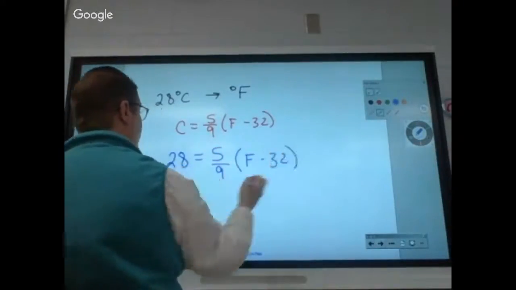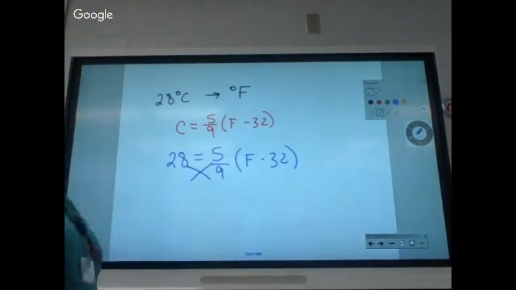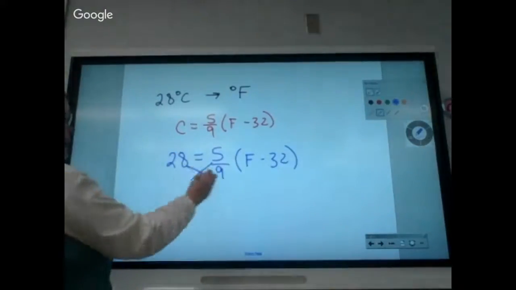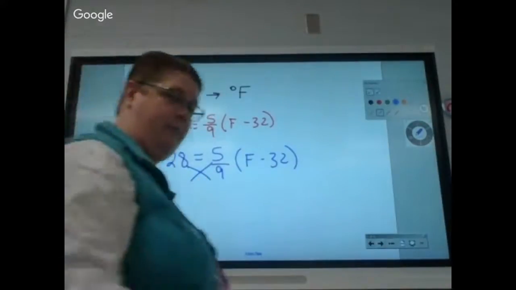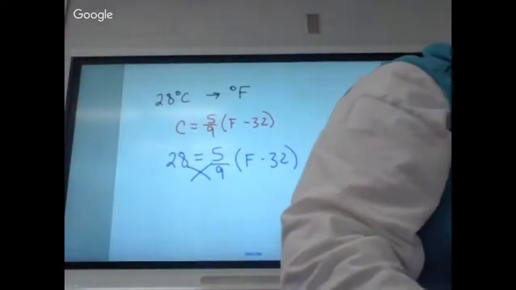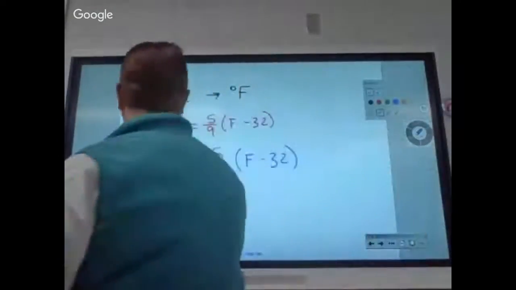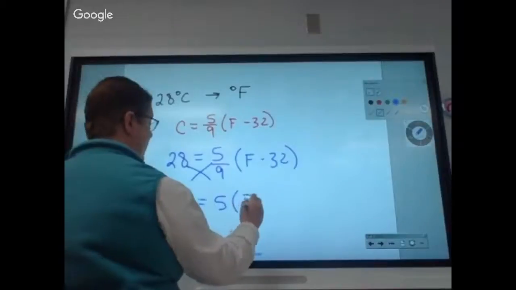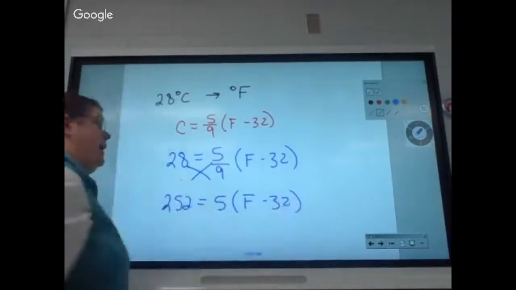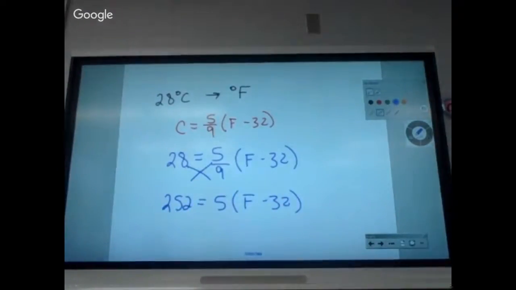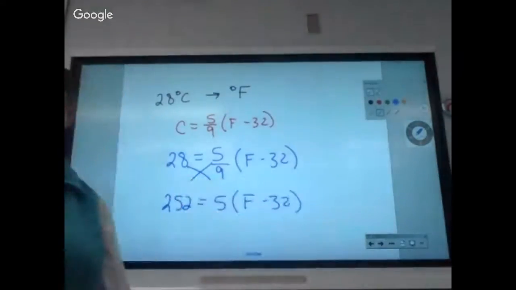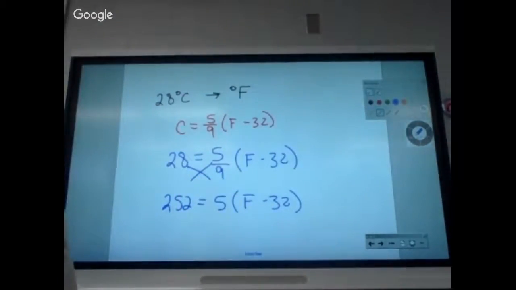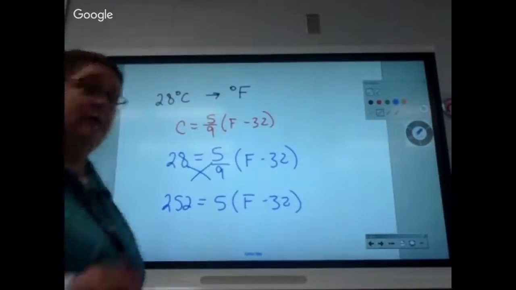Cross multiply. 28 times 9. Big number. 252 equals 5F minus 32. And I would bet everybody in here can go from there. Your fraction is gone. Okay? I told you. We struggle with fractions. Cross multiply and get rid of it.